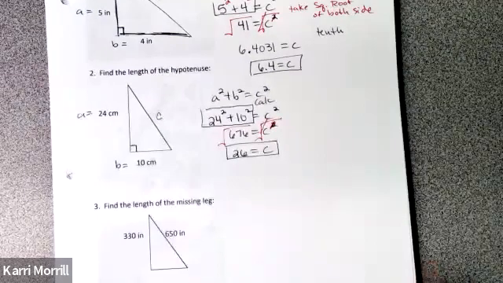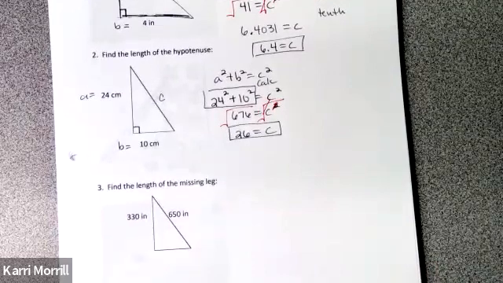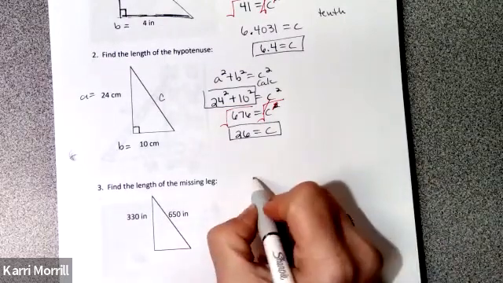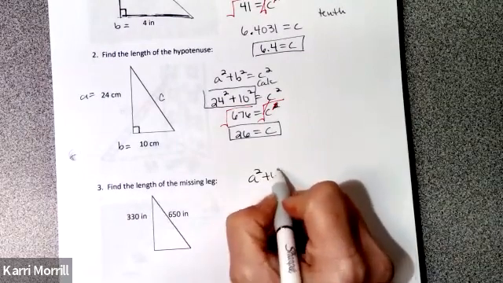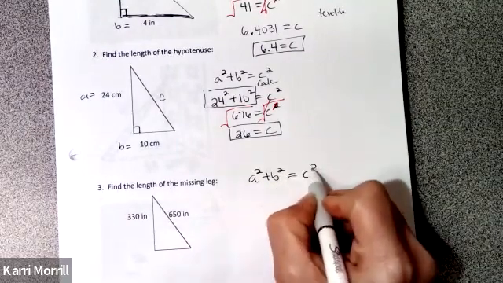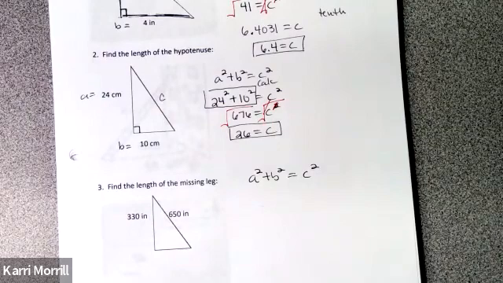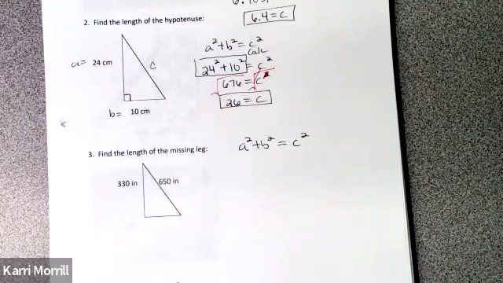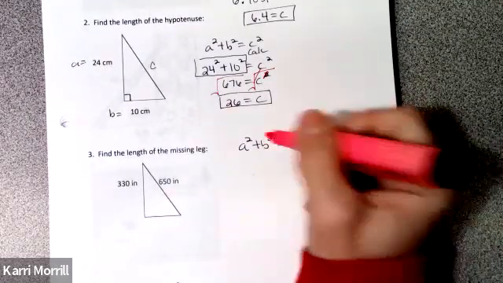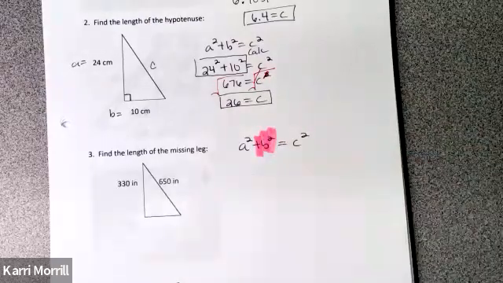Okay. So on number 3, though, sometimes we're going to be finding the length of a missing leg, maybe not the hypotenuse. And so think about what's happening. A squared plus B squared equals C squared, right? So what we don't know maybe is this.